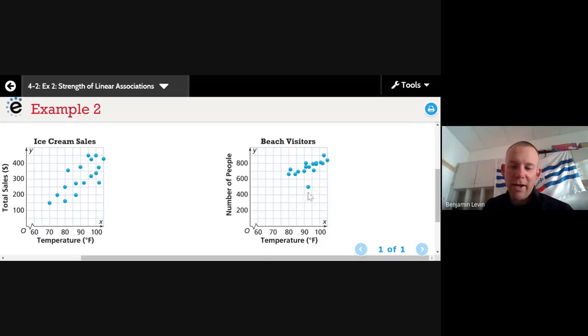That could be caused by, say, it was 93 degrees that day, pretty hot, but people just weren't in the mood for ice cream. That happens. Businesses don't get the same amount of customers every single day. So there's going to be some variance, but not as much in the beach visitors as in the ice cream sales, right?